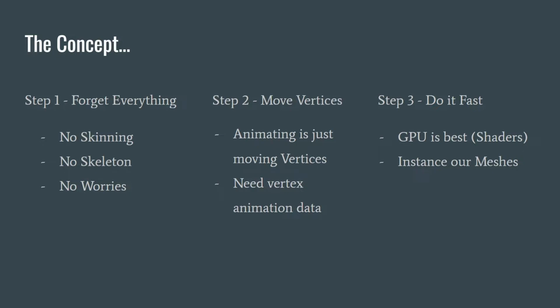The other thing we should do to do this fast is instance our meshes, so we're going to be using the instance static mesh component. But for the purpose of this presentation, I'm just going to show you how to do vertex animation on regular static meshes, just because it's faster, but you can take the same concepts and apply them to an instance static mesh, and it'll work exactly the same.